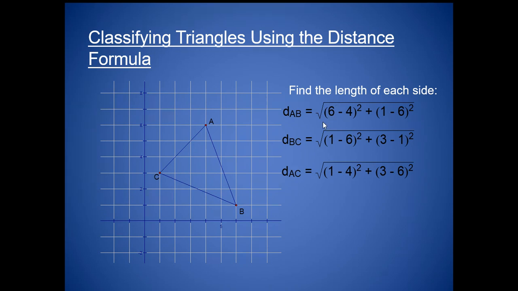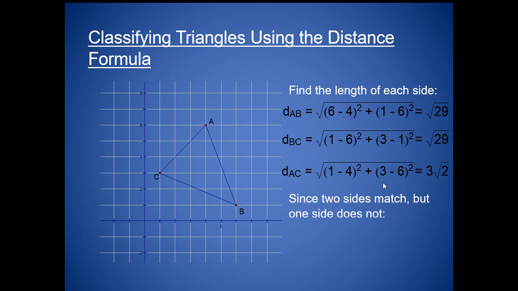All use the same formula, (x2 minus x1) squared plus (y2 minus y1) squared. And then I will have the 3 answers. So AB is radical 29, BC is radical 29, and AC is 3 radical 2, or I can write radical 18 if you want.